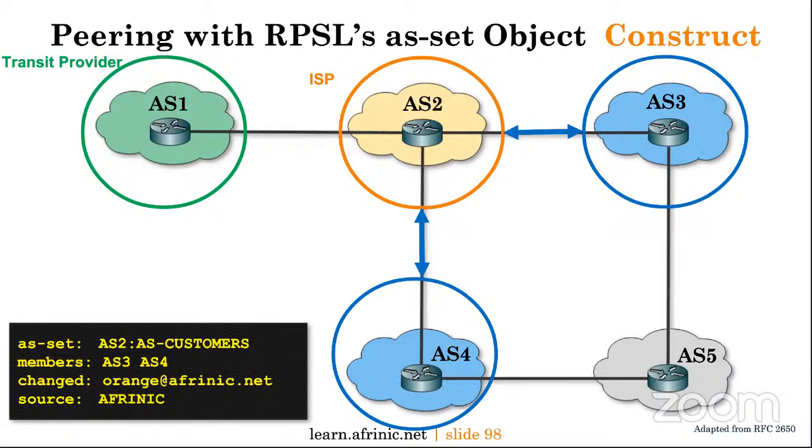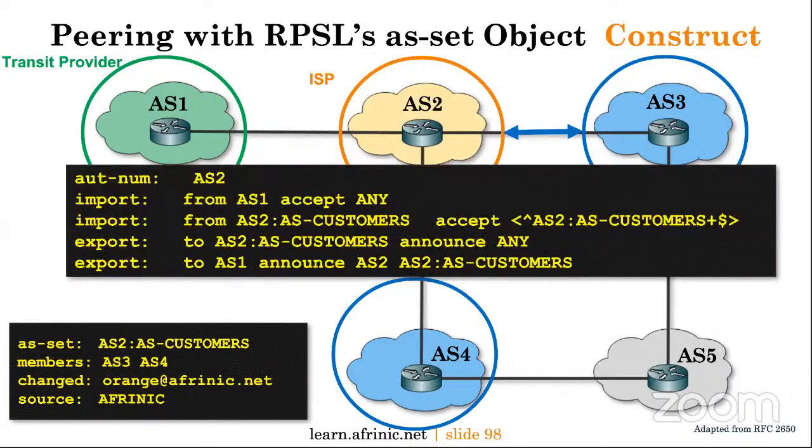All right. So now you can see our AS policy definition has made the AS linear again. In this case, our import and export statements are all there. In the import statement, we're saying we're going to accept any from our transit provider. And here again, from AS2, this is the AS set, AS2:AS-CUSTOMERS.